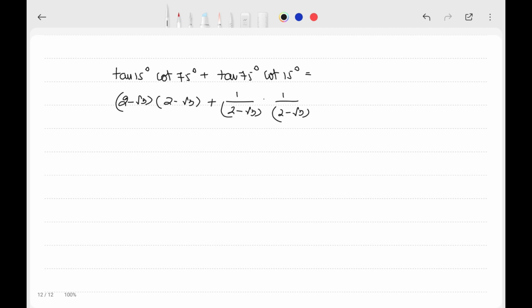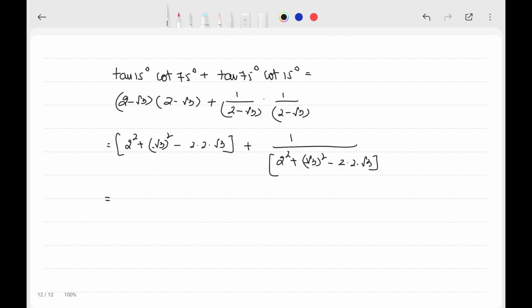Very simple, easy. 2 minus root 3 into 2 minus root 3 is 2 square plus root 3 whole square minus 2 into 2 into root 3. This is one value. Plus 1 by 2 minus root 3, it is the same value, that is 2 square plus root 3 whole square minus 2 into 2 into root 3.